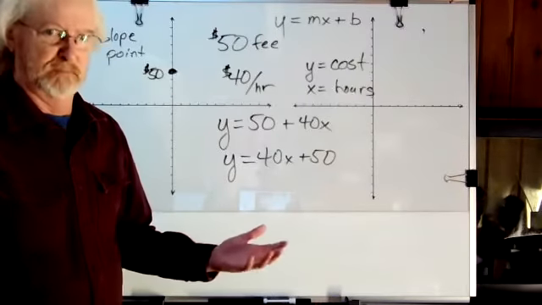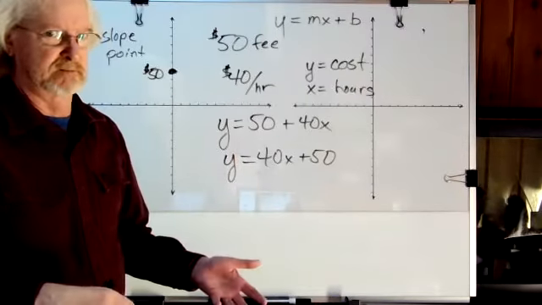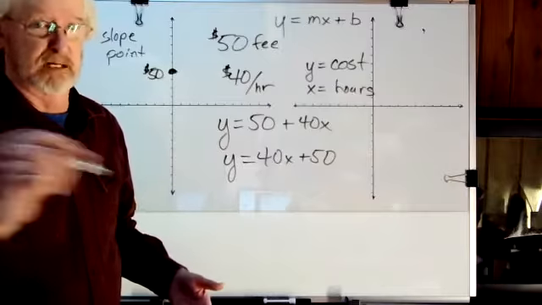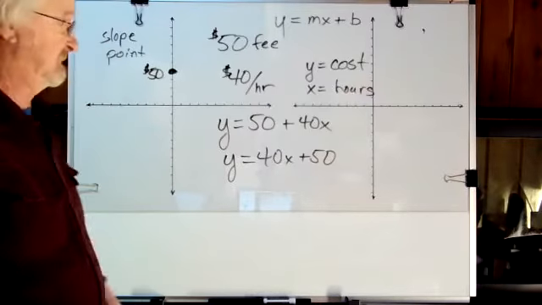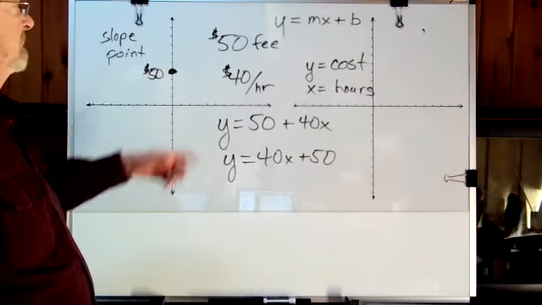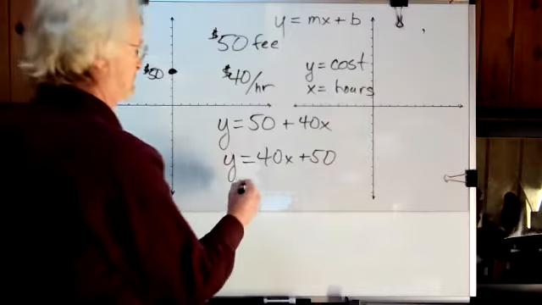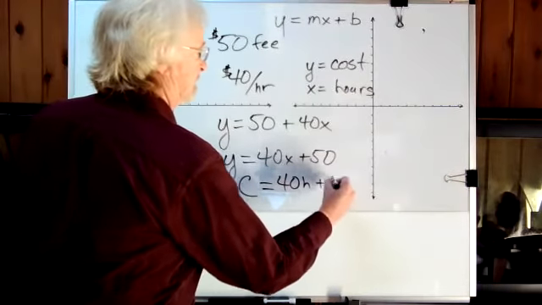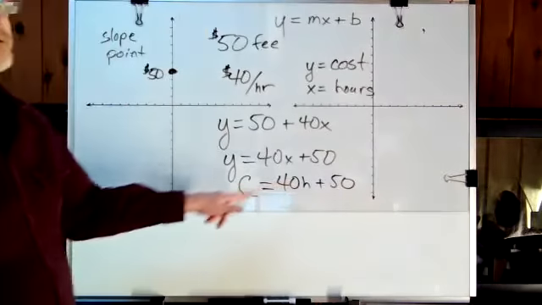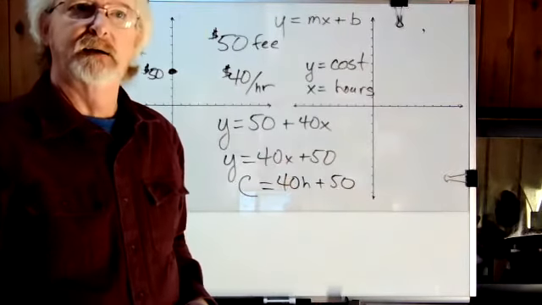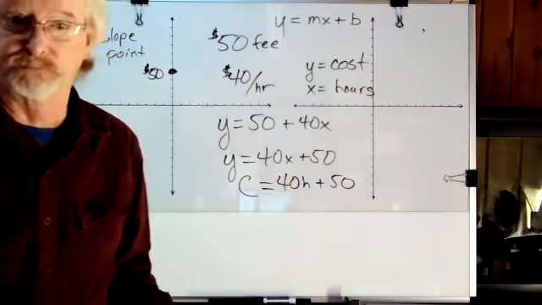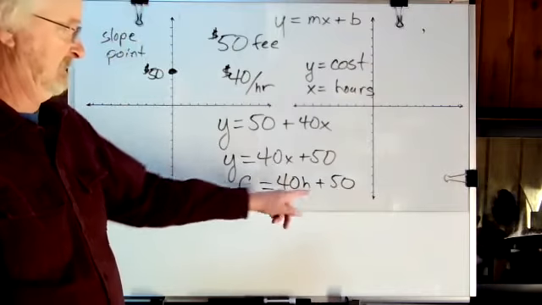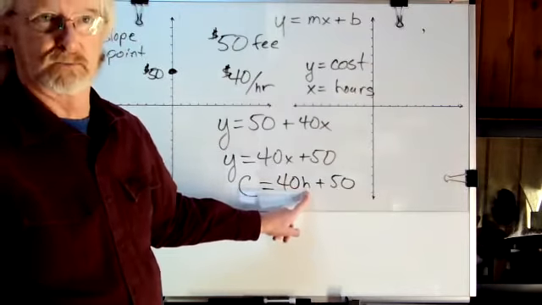Mom is pretty good about providing units, but if it's a problem on paper, you've got to write the units in yourself. And I might see this kind of problem saying the cost is 40 per hour plus $50, where the letters they request might be applied to the context of the problem. Final cost based on the number of hours worked.